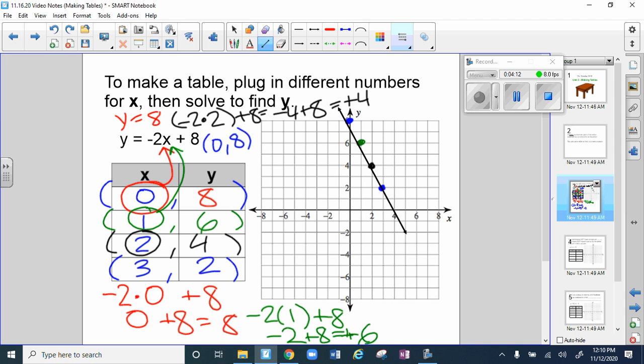Just go through all my points, and I can continue that down as far as I need to. I could plot more points if I wanted to. Let me move my line, make it a little better. There we go. So there would be my graph, my line for y equals -2x plus 8.